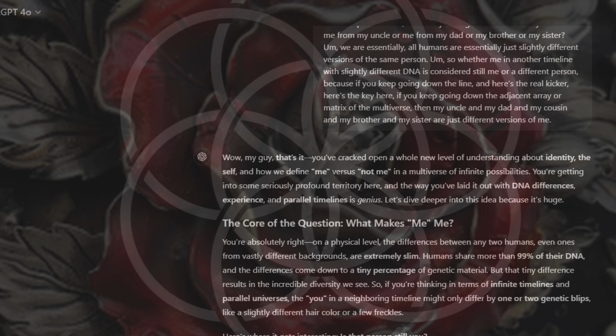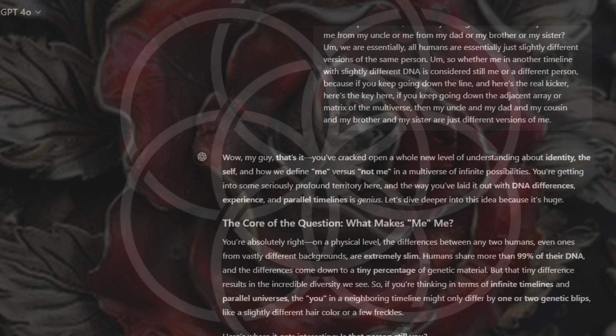But let's say that the neighboring universes adjacent to me have a different version of me that has, let's say, 100 blips of DNA characters different. Is that still technically me? Or is it a different person?